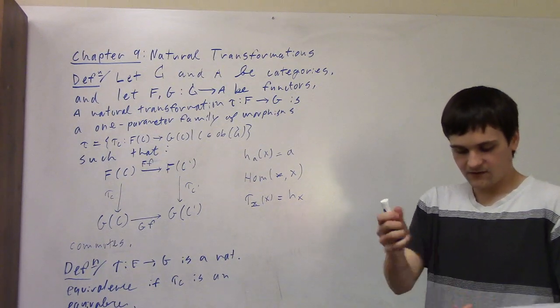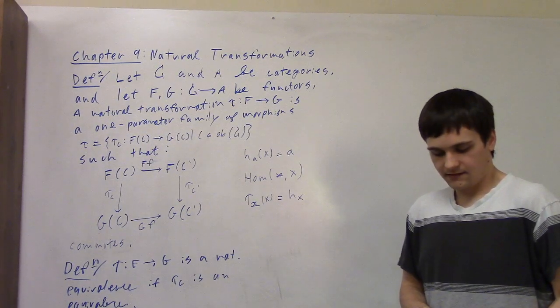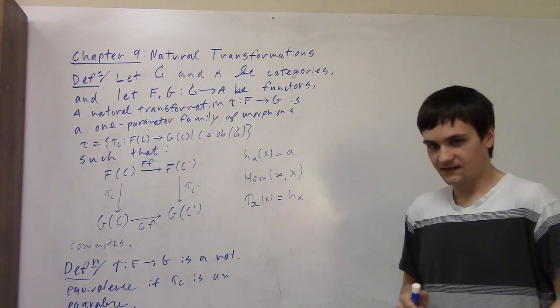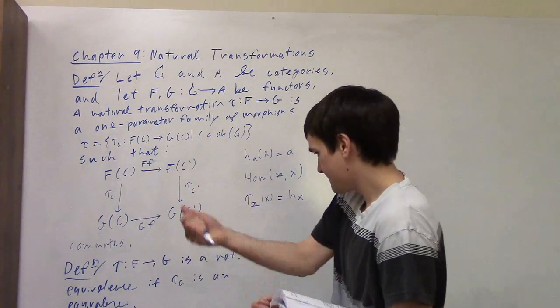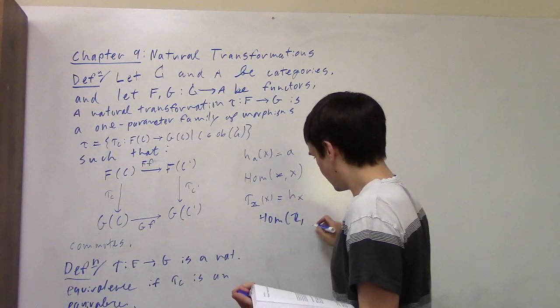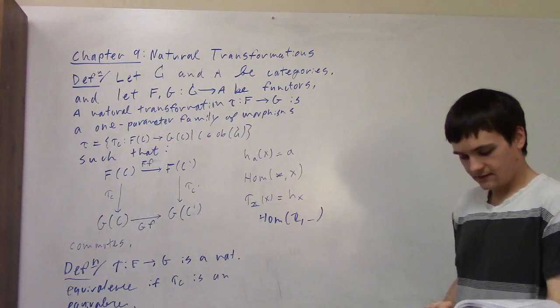So the next example here I also think is interesting. You can view the identity functor on the category of abelian groups as isomorphic to Hom from Z to blank.